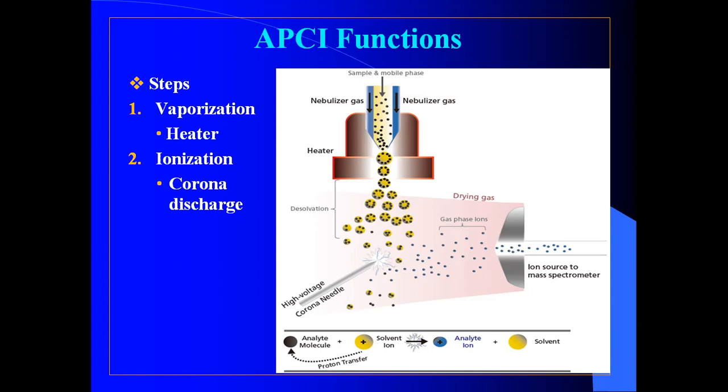Nebulization and desolvation in atmospheric pressure chemical ionization is almost similar to that in electrospray ionization. However, APCI nebulization occurs in a hot region, as I told, the temperature is around 400.